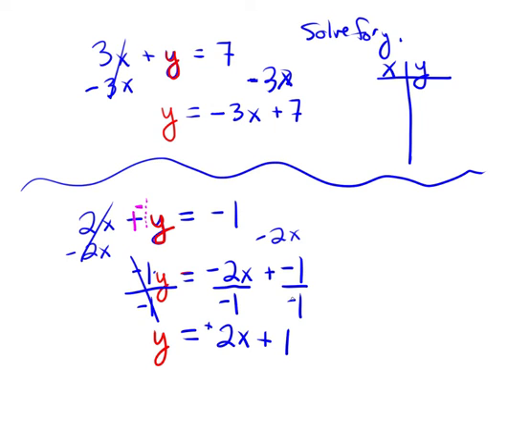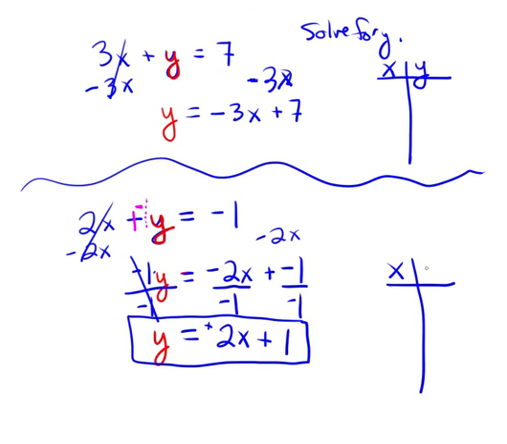So the negatives cancel out to be a positive 1. So our equation is y equals 2x plus 1. And from there we can create our table and choose x's that we want, like 0, 1, 2, negative 1, negative 2, and calculate our y's by substituting them into our equation and then graphing those points.